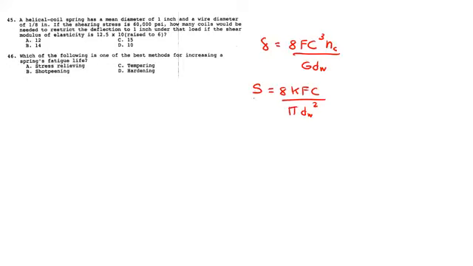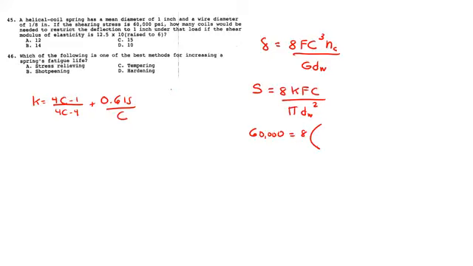So, stress natin 60,000 PSI is equals to 8. Then, yung K natin, kunin muna pala natin si K, no? So, K is equals to 4C minus 1 over 4C minus 4 plus 0.615 over C.